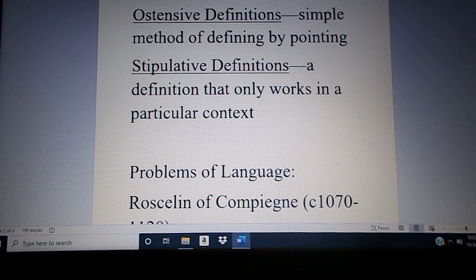We also have what are called stipulative definitions here. A stipulative definition is a definition that only works in a particular context. So there's a specific way in which we choose to use a word in a particular way. I just want to look at the example that's given in your book at the bottom of 130.